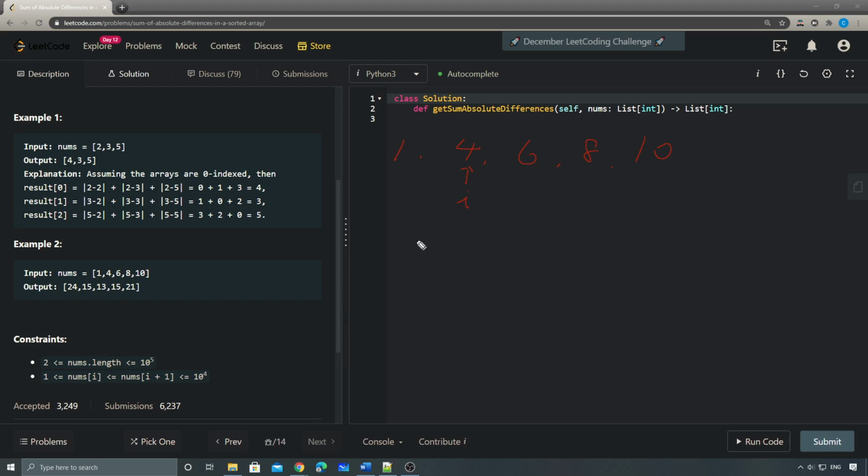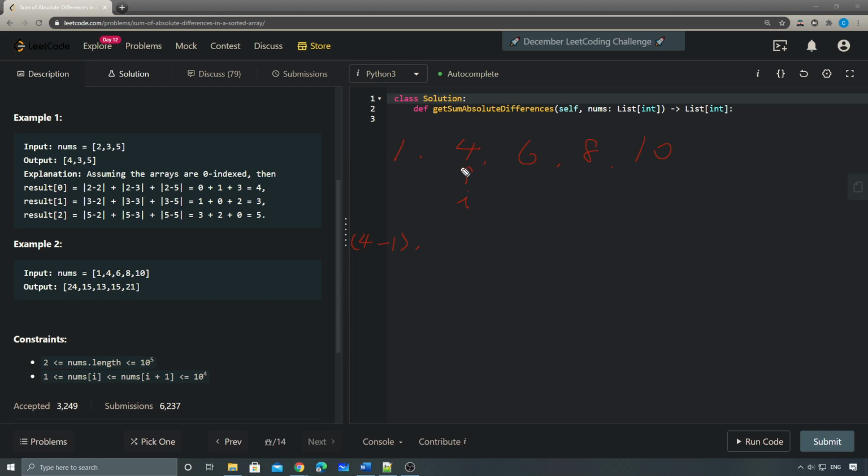Since we know it's sorted, when we calculate the difference from 4 to 1, we do a 1 minus 4 with an absolute value, and since 1 is smaller than 4, we are sure we can write the first number as 4 minus 1. That's going to be our first number.